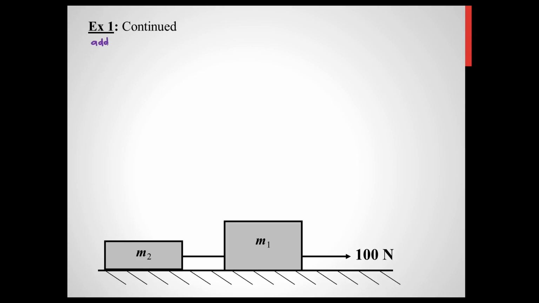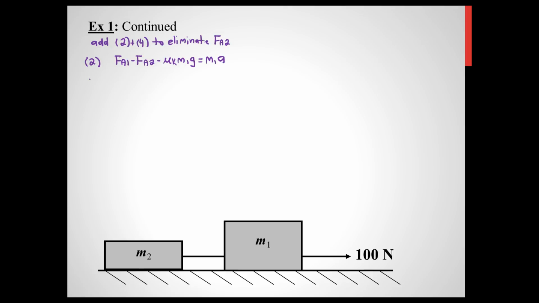Add 2 and 4 to eliminate the variable fa2. Let's write these equations down. So equation 2, I believe, was fa1 minus fa2 minus mu k m1g is equal to m1a.